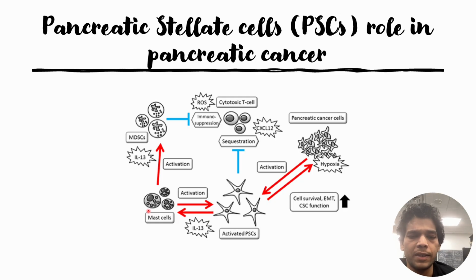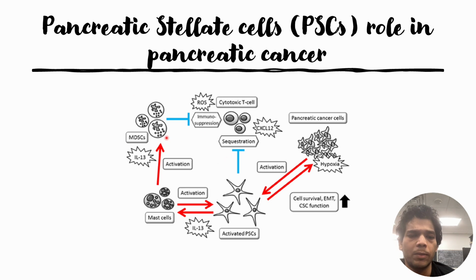So, mast cells get activated with the presence of IL-13, and this leads to the formation of activated pancreatic stellate cells and myeloid derived suppressor cells. One of the functions common to both myeloid derived suppressor cells and activated pancreatic stellate cells is to provide immunosuppression, however both of them work in a slightly different manner.